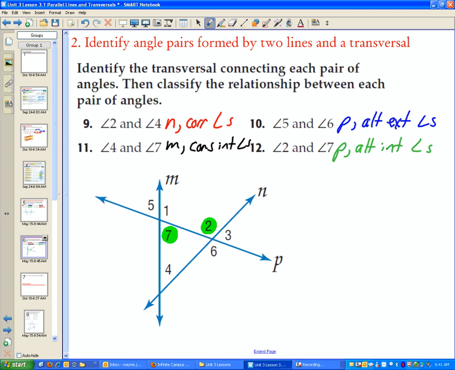And see if you got what I got. Everybody get line P for the transversal and alternate interior angles for the relationship? Any questions?